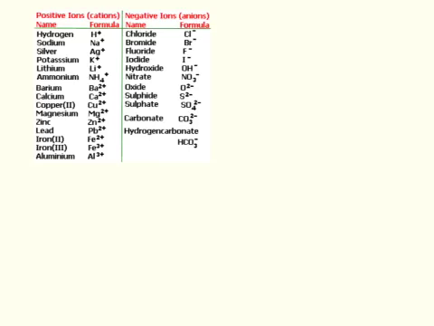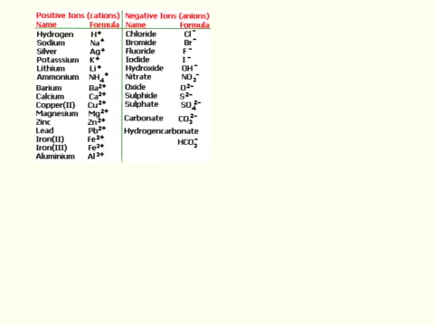Step 2 is to write the symbols down without their charges. And then you swap the number only. Now, 1 is the same as 1 plus, and you put it down the bottom on the other side. Remember, swap and drop. So I take the number 2, I swap it over to my silver, and I drop it down the bottom. Now, we don't need to actually show the number 1. So my chemical formula for silver sulfide is Ag2S.